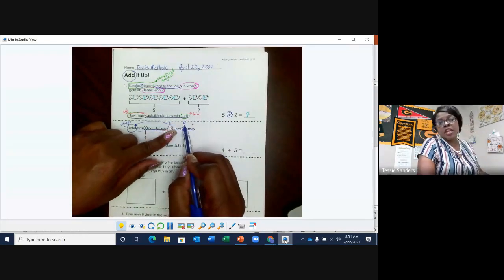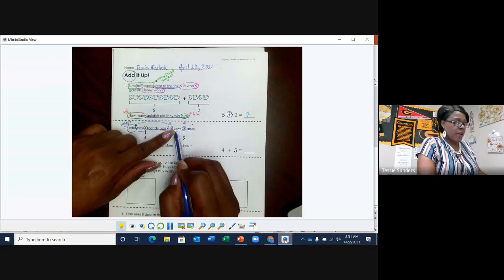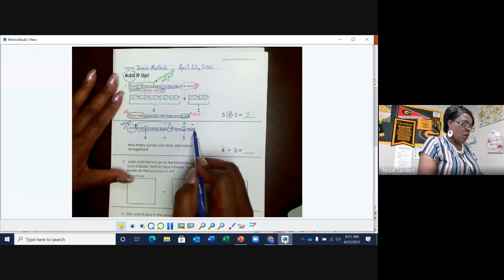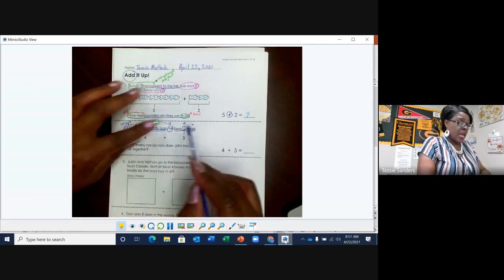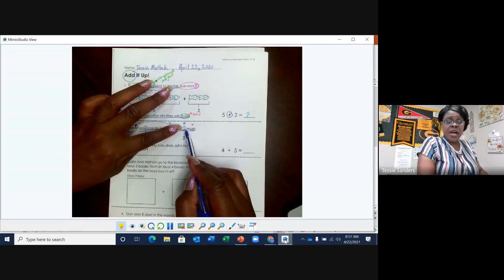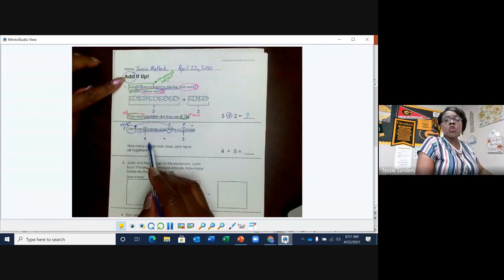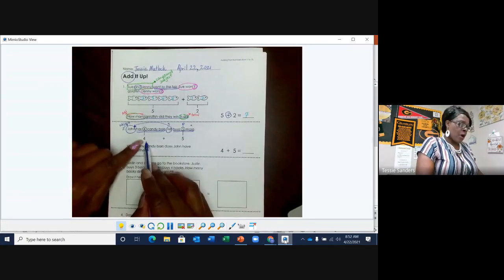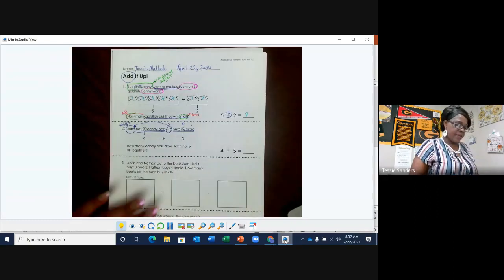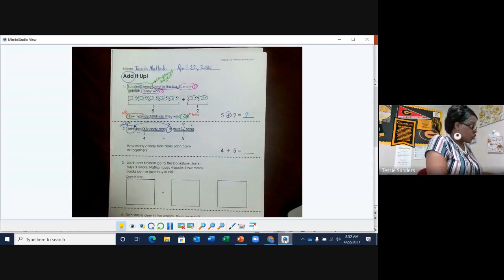He will stand for predicate or verb. This is your action. Here are your raw numbers, 4 and 5. You know that we're going to add 4 plus 5.